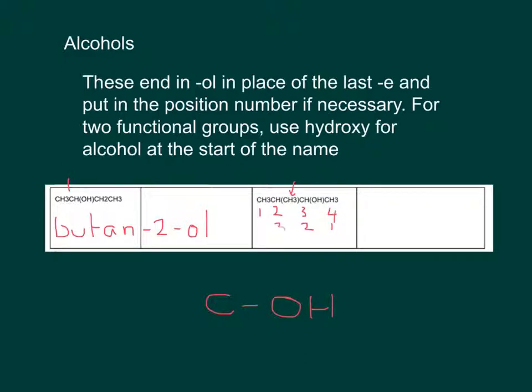So 1, 2, 3, 4 in that case, and let's cross through those. So it's going to be butan-2-ol, but let's not forget that methyl group, so it's going to become 3-methylbutan-2-ol.